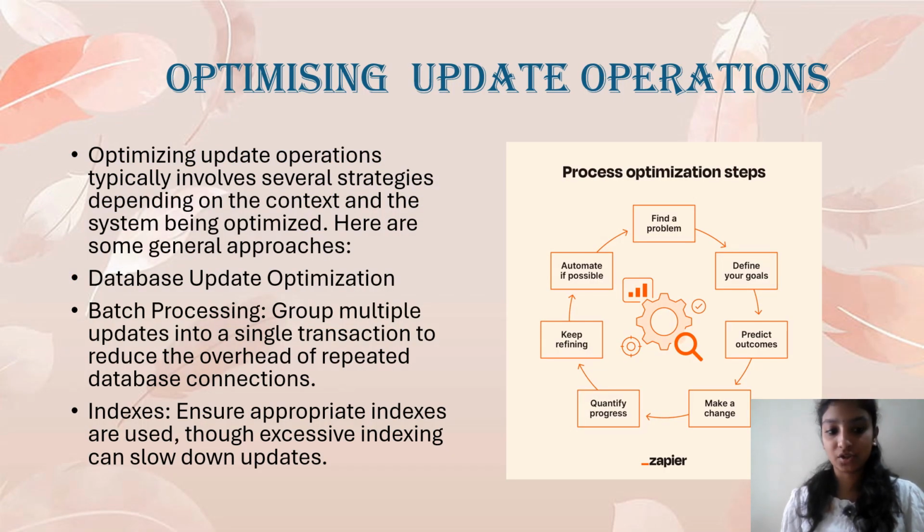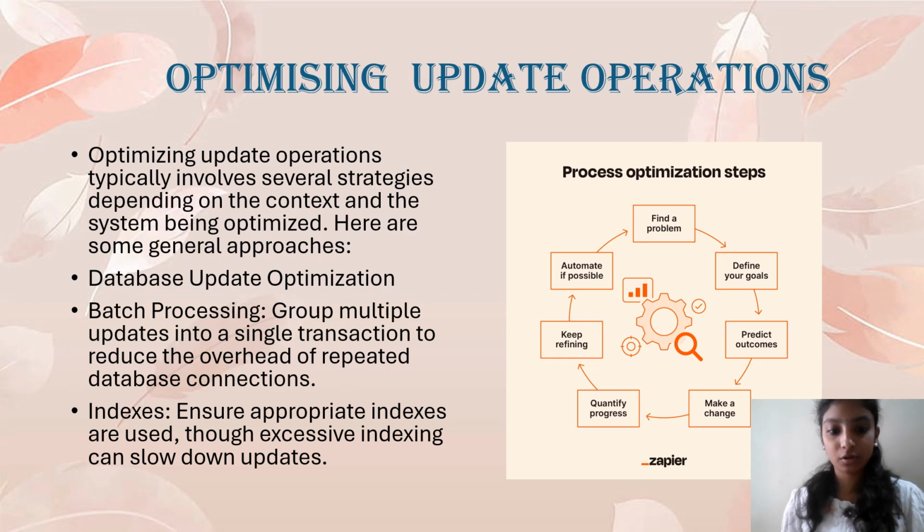Optimizing update operations. Optimizing update operations typically involves several strategies depending on the context and the system being optimized. Here are some general approaches. Database update optimization: batch processing. Group multiple updates into a single transaction to reduce the overhead of repeated database connections.